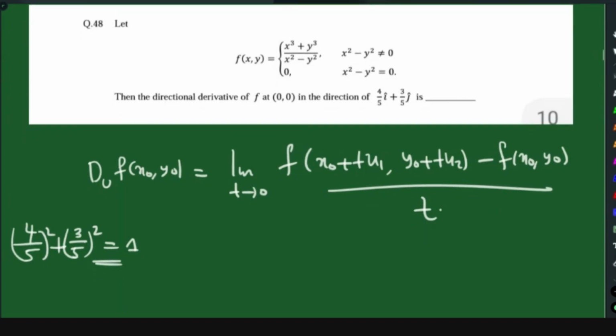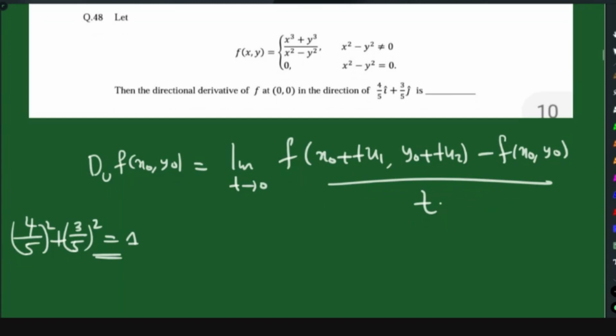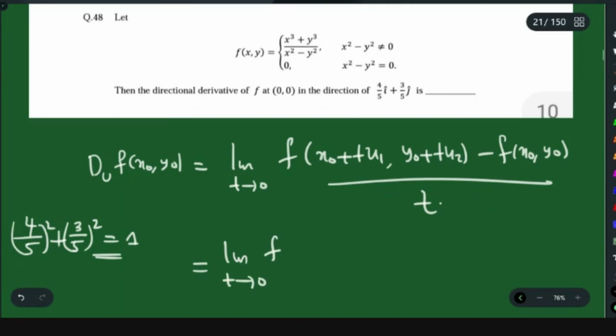Now look at (0, 0), where we need to find the directional derivative. Everything you substitute here. Limit t tending to 0, f of (x naught, y naught), where x naught is 0 and y naught is 0, so it is f of (0 plus t times 4 by 5, 0 plus t times 3 by 5) minus f of (0, 0), which is 0, divided by t.